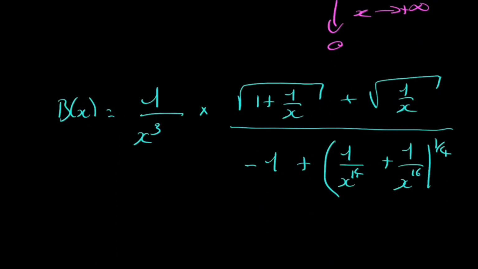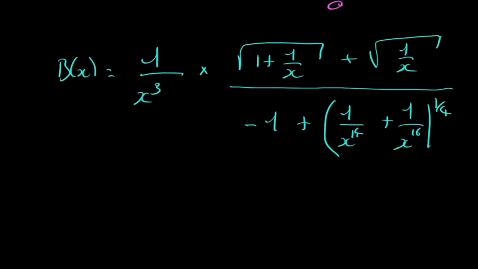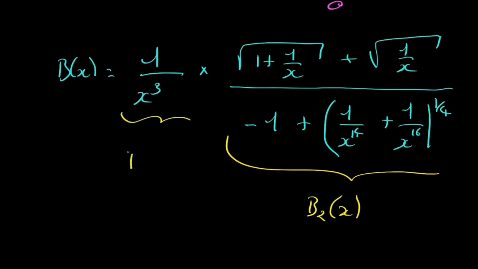And so we can say that, let's call this thing b2 of x, and let's call this thing b1 of x.